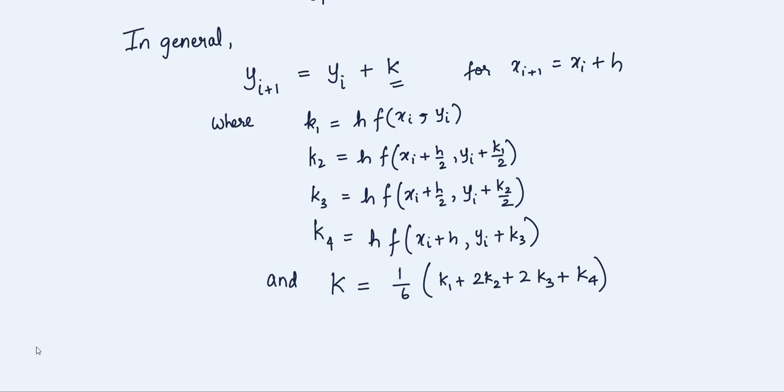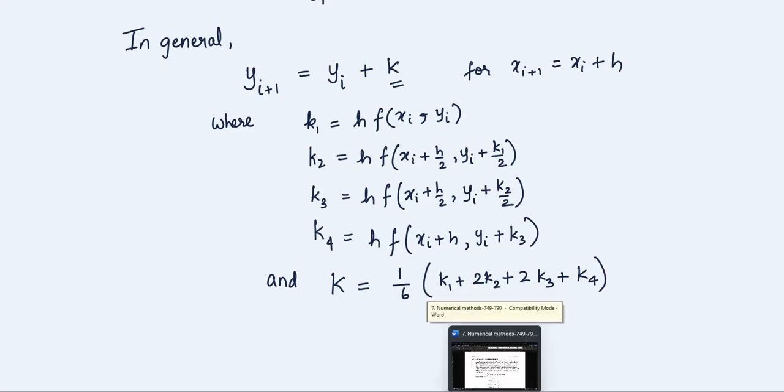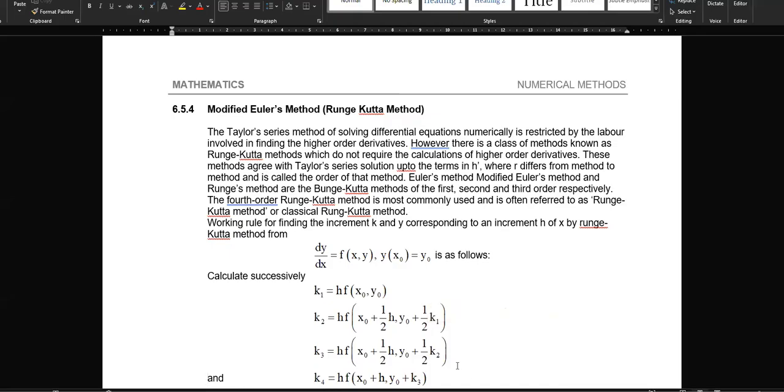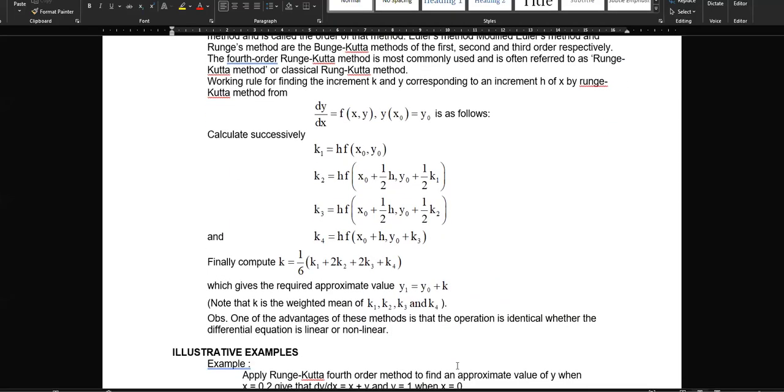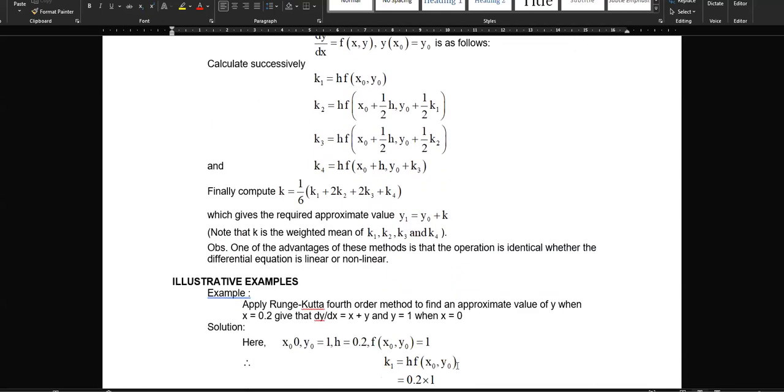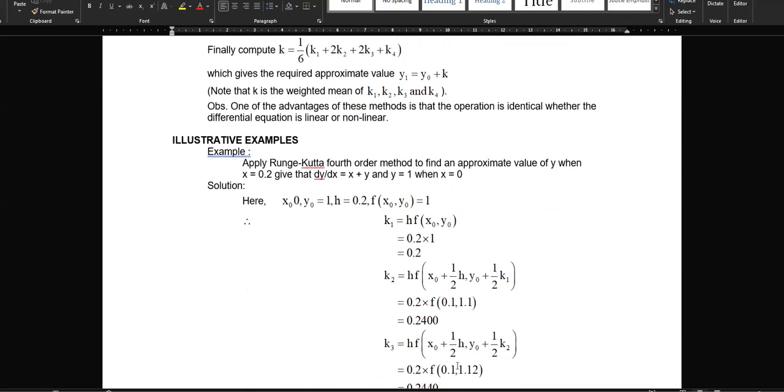So this is the method, sorry, the Runge-Kutta method, which is the fourth order.